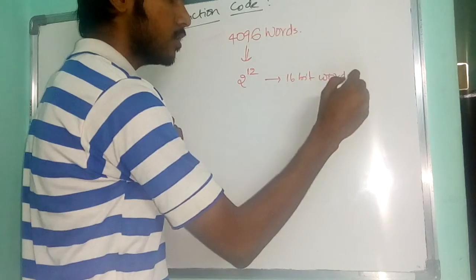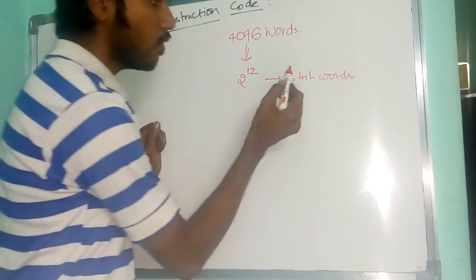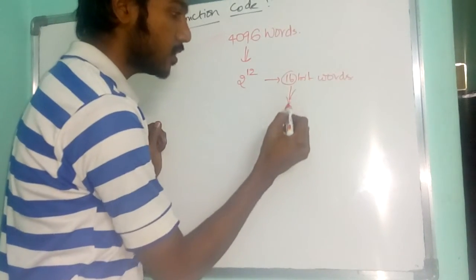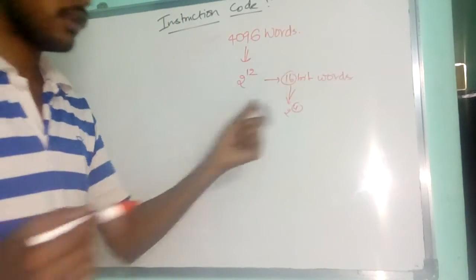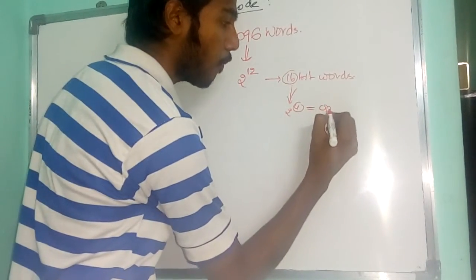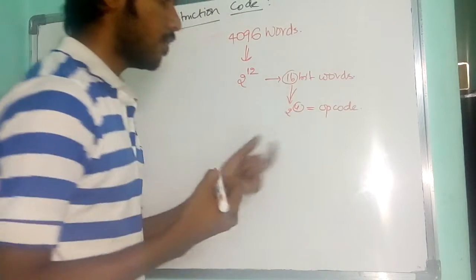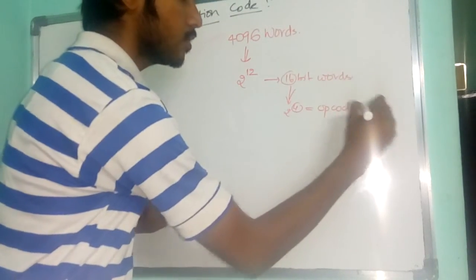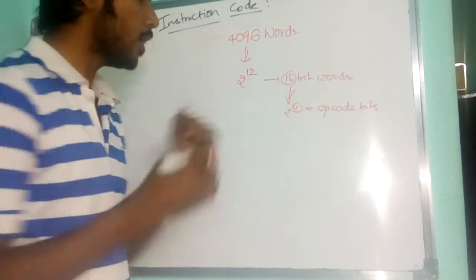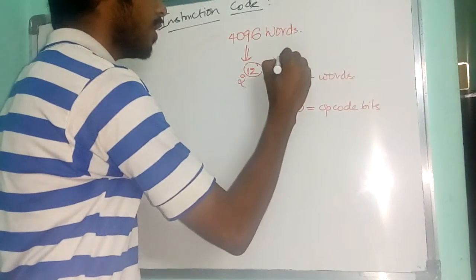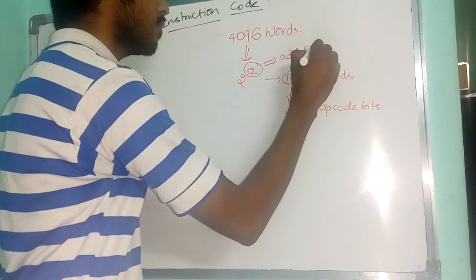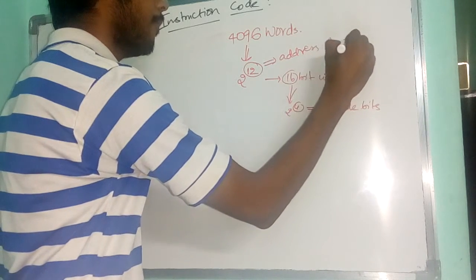For 16-bit words it is 2 power 4. This 4 will be my opcode bits. So I have 4 bits for opcode and the remaining 12 bits for the address of an operand.